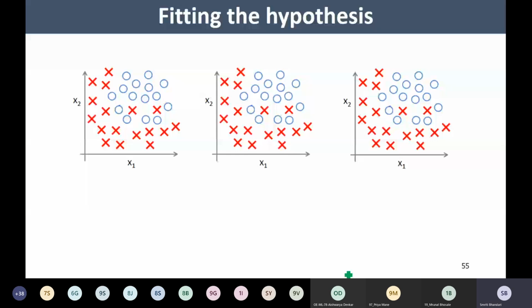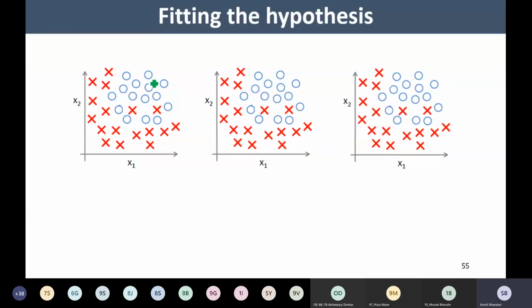So this is the data that we have. Now, what we are going to do next is use some kind of supervised learning algorithm to come up with the hypothesis, the function that maps my input to output. Here the output is the class label.